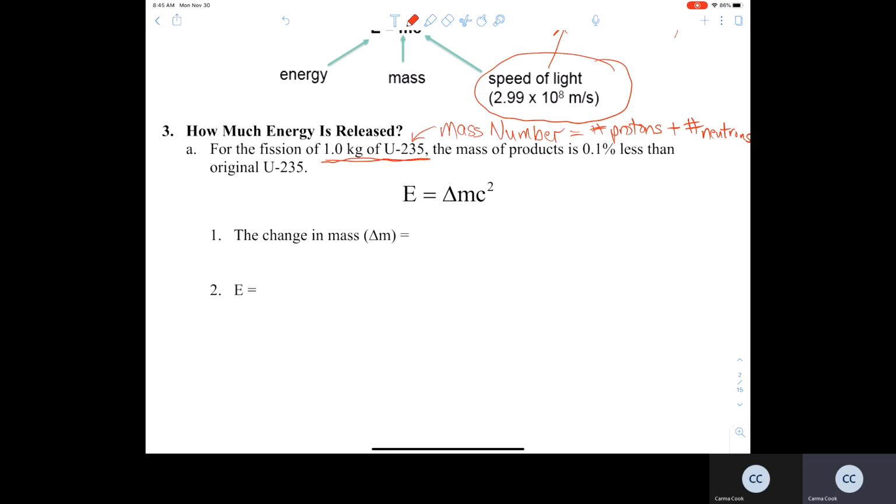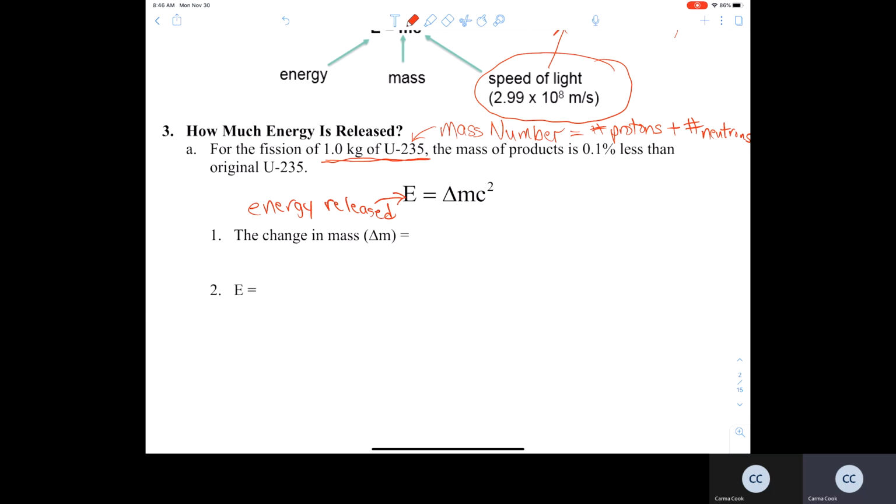And so, using Einstein's famous equation, the energy that's released, capital E, is released as a result of the splitting of the nucleus of uranium-235. Inside that nucleus of uranium-235, of course, we have protons and neutrons.